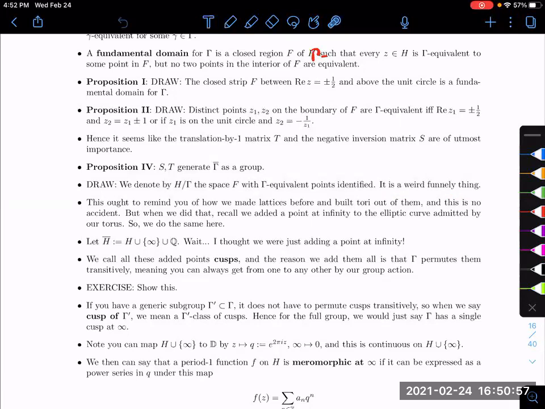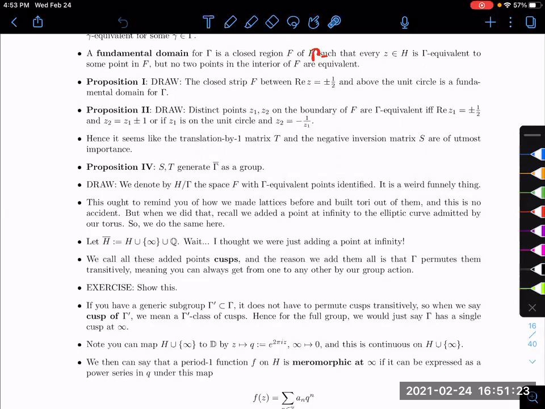And like I said here, this ought to remind you of how we made lattices before and built complex tori out of them. And this is no accident, okay? There's going to be deep parallels between the theory of modular forms and the theory of complex elliptic curves. That's what's going to happen. Now, what did we have to do when we were working with lattices, though?